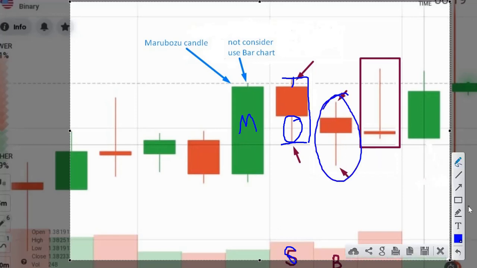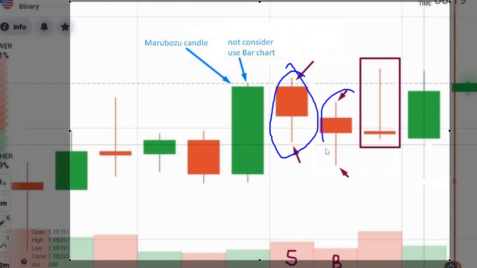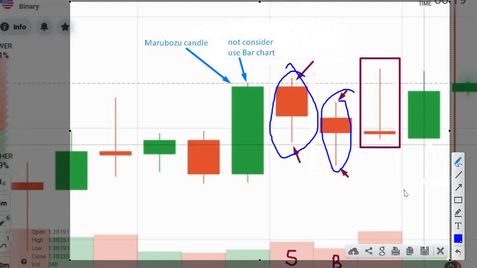Now what happened? As I told you in the first scenario, if the second candle and third candle are the same, that means... but here it is different.